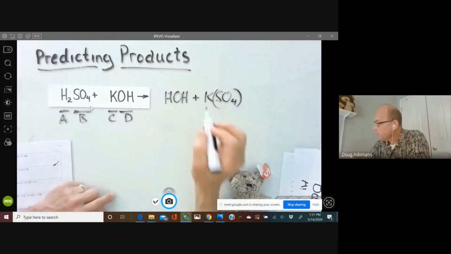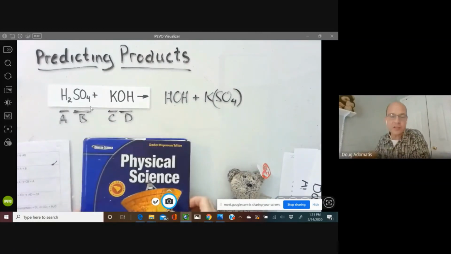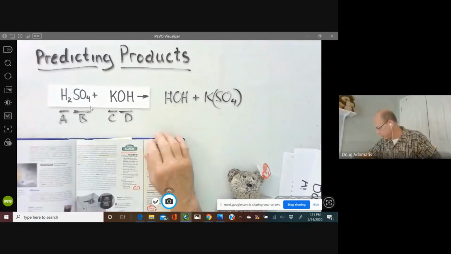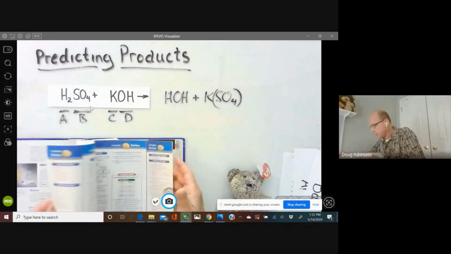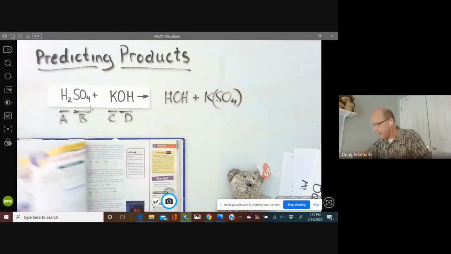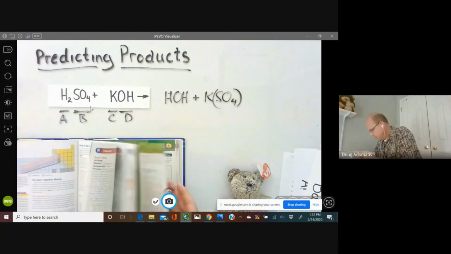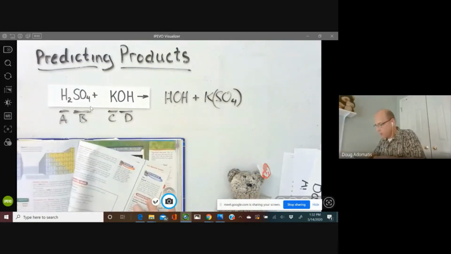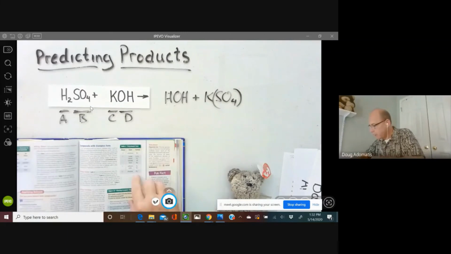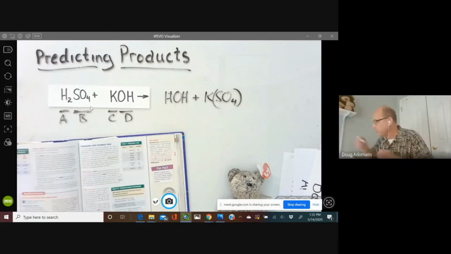So first of all, KSO4. I forget now. This is why you're going to have the tables out in front of you, because you're going to be constantly opening up your book. What is the oxidation number of the polyatomic ion sulfate? He asks himself as he flips through the pages. He knows it's going to be right here. Sulfate is a 2-, and potassium is a 1+.